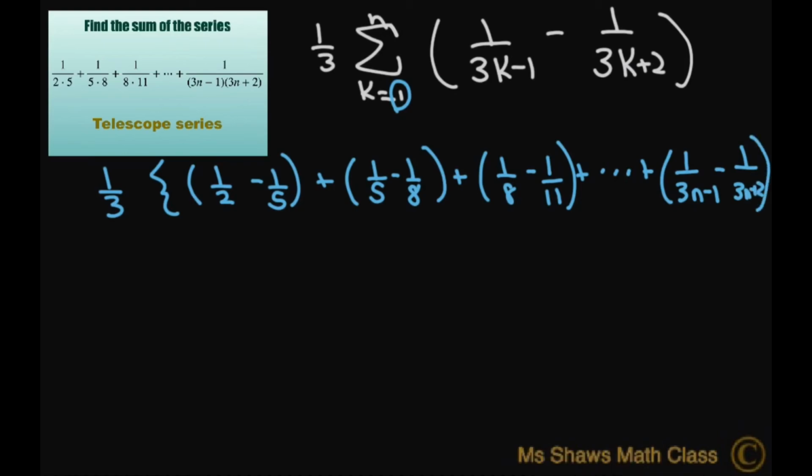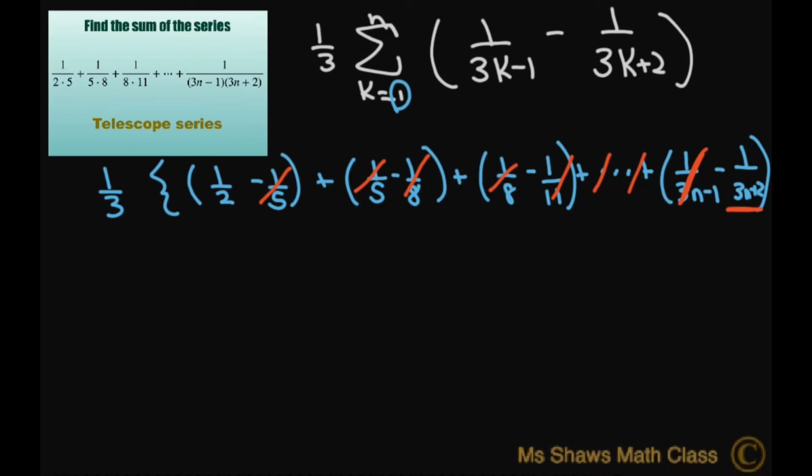Now what we want to do is see this pattern. This is a telescoping series, so it's going to collapse upon itself. What cancels out is each term with the term that follows it.